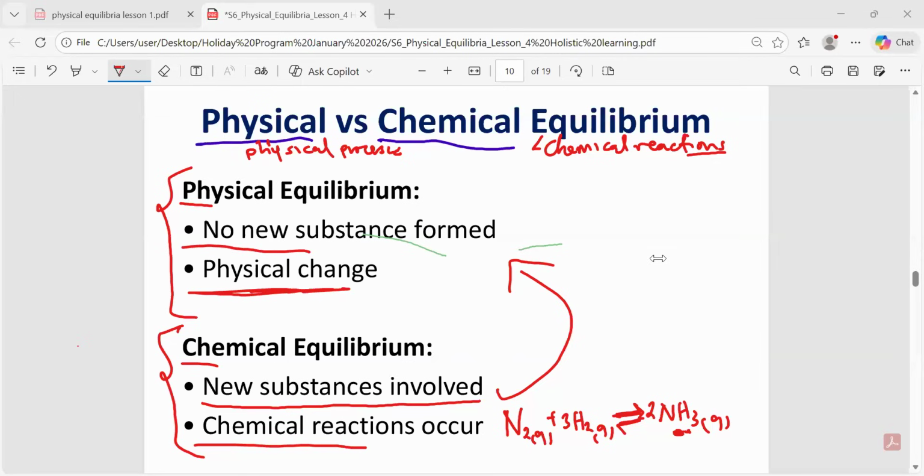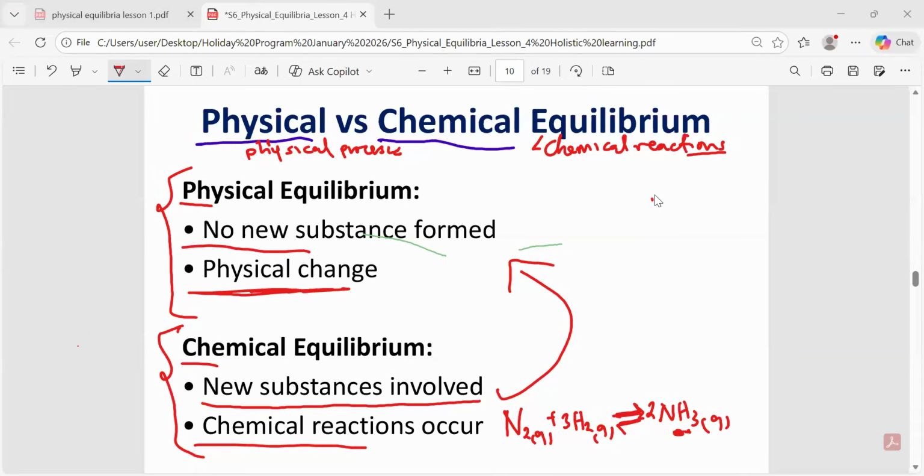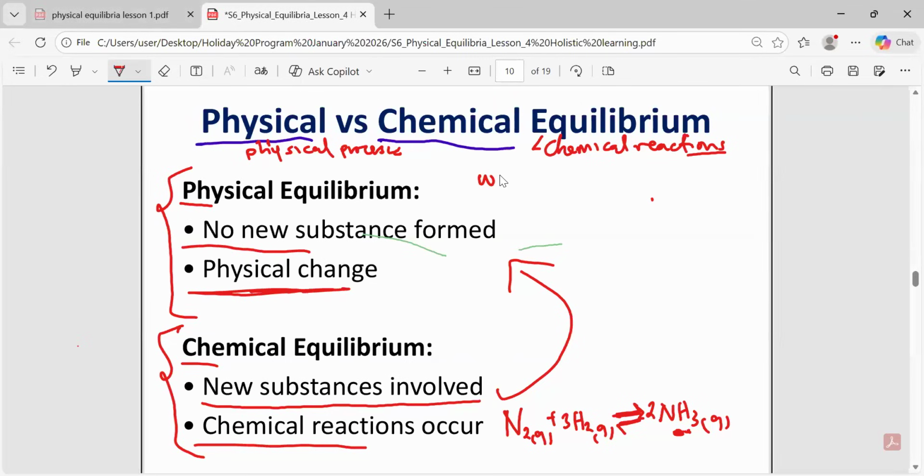Okay, yes. Good afternoon. So, what you're explaining now, you're helping us understand if water in liquid form is changing to ice. Yes, teacher. So they are asking, isn't this a new substance being formed?